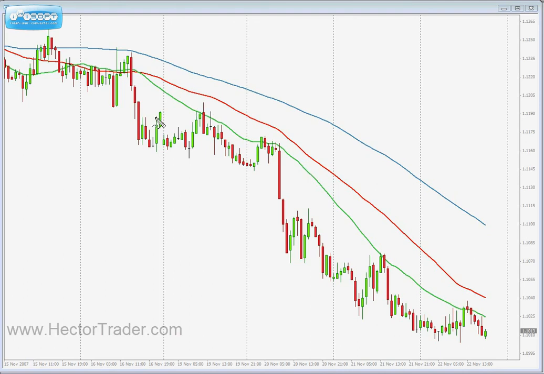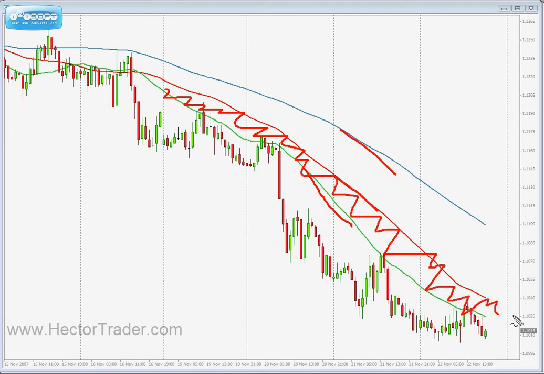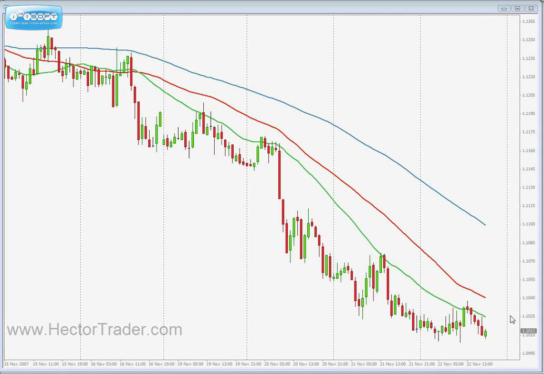In the chart you are seeing right now, the 30 simple moving average is marked in red, the 50 in green, and the 100 in blue, while the dynamic area is this band between the 50 and the 30. In my opinion, it's a very important area.